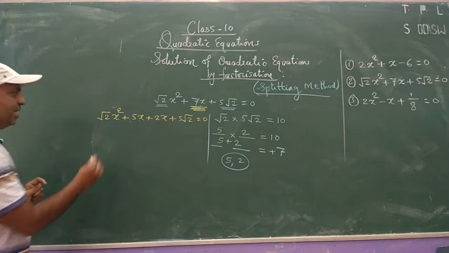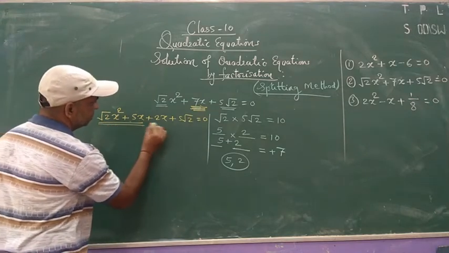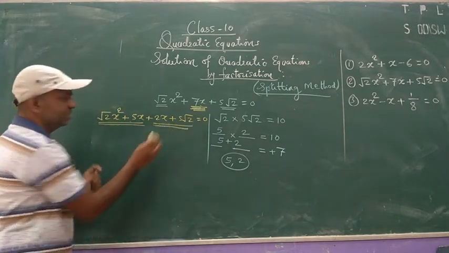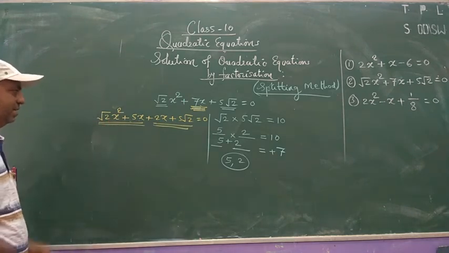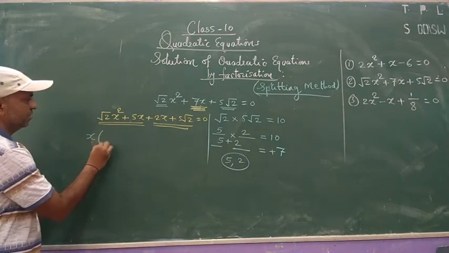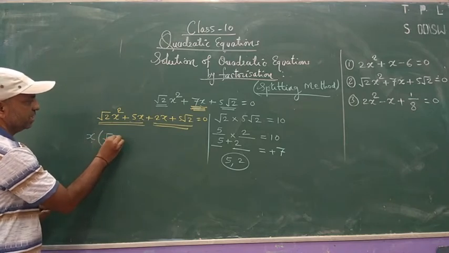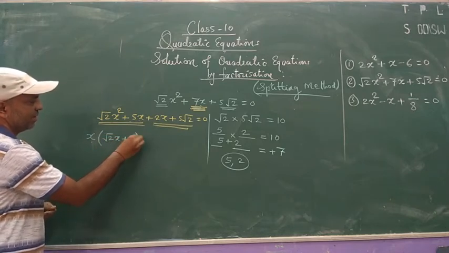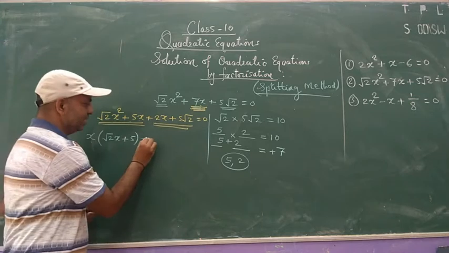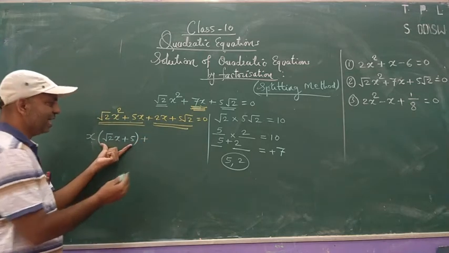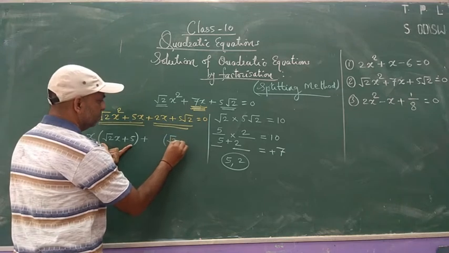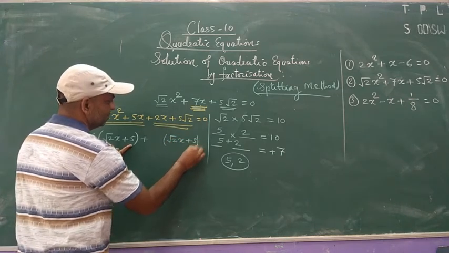Okay, then make the groups. This is the first group, this is the second group. So what is common here? Here x is common. So √2x plus 5. Then again, as I said, write this bracket as it is: √2x plus 5.